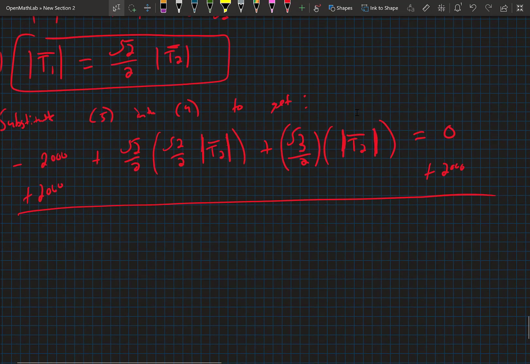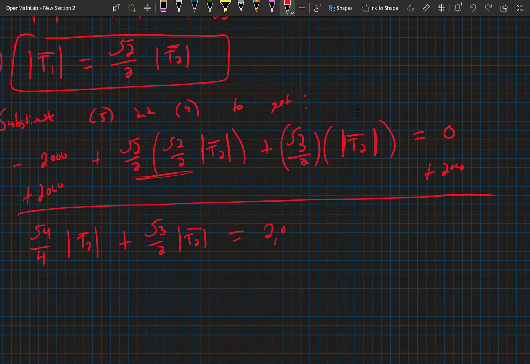So this gives me, and I'm going to go ahead and multiply these two things together. So that gives me radical 4 over 4 times the magnitude of T2 plus radical 3 over 2 times the magnitude of T2. And that's equal to 2,000.